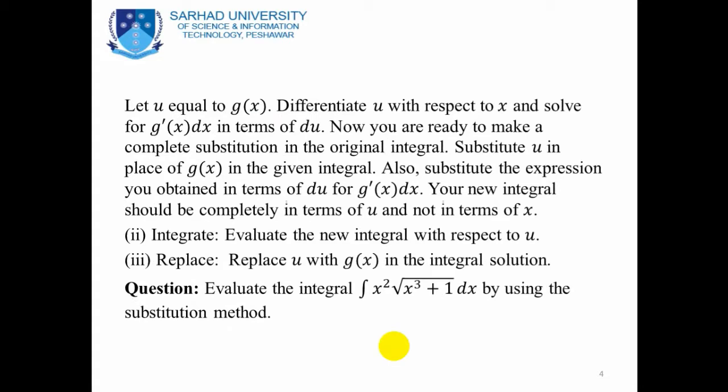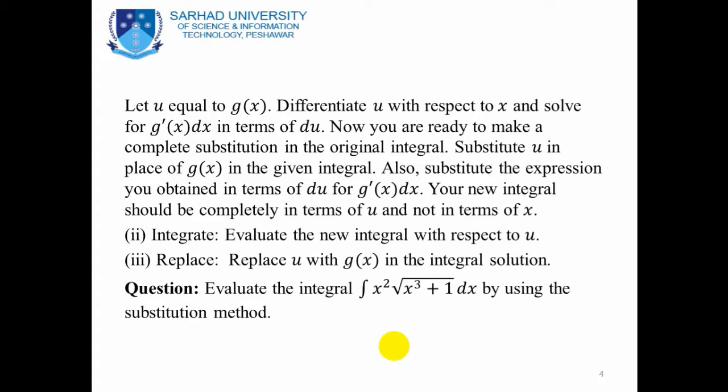Now differentiate this u with respect to x and solve for g prime of x with respect to x, where g prime means the derivative of the function g with respect to x, in terms of du. Now you are ready to make a complete substitution in the original integral. So, dear students, it means that first of all we transform the original function.